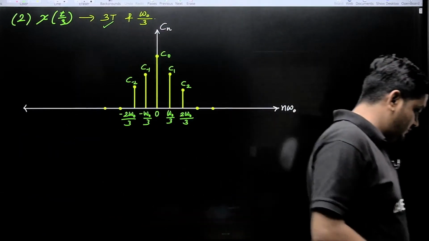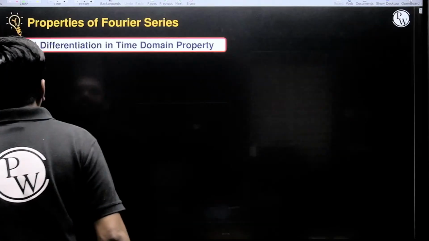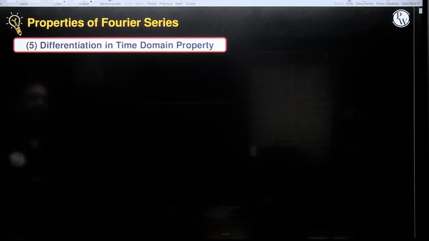Okay, so next property, guys, let us take one more property. Next property is the differentiation in time domain property.